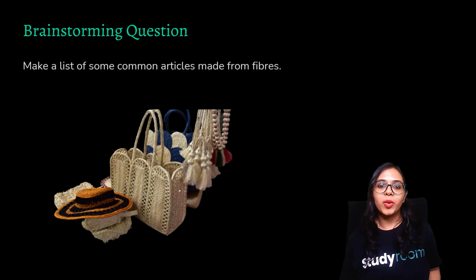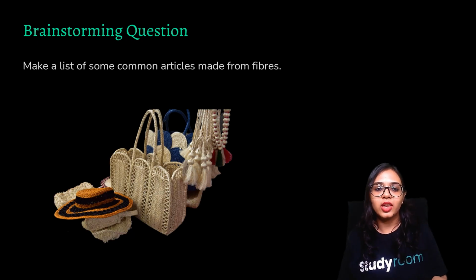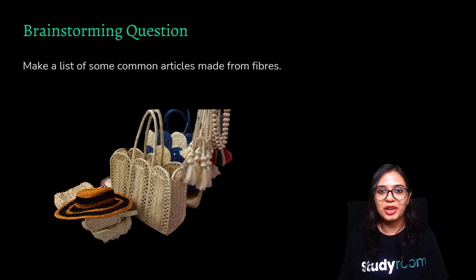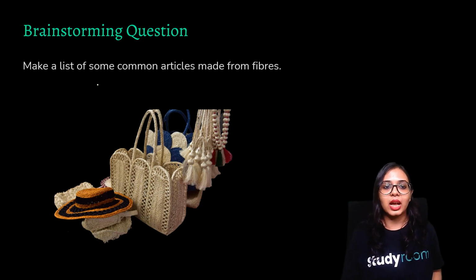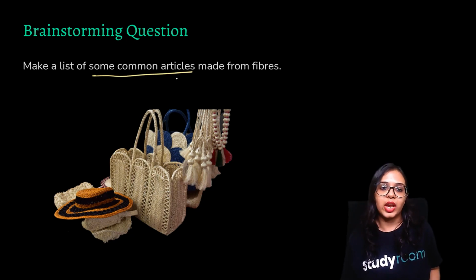Make a list of some common articles made from fibers. Let's brainstorm over here. So we know that we have two kinds of fibers, natural fibers and artificial fibers, and we will be learning about natural fibers right now. Before that, let's make a list of common articles made from fibers. For example, have a look at this picture over here.